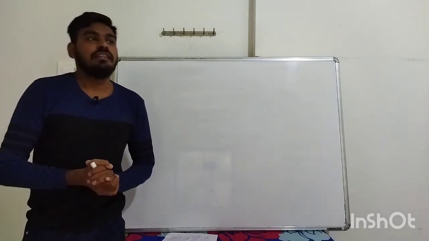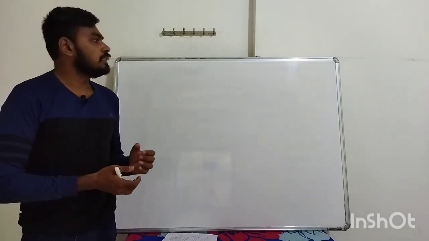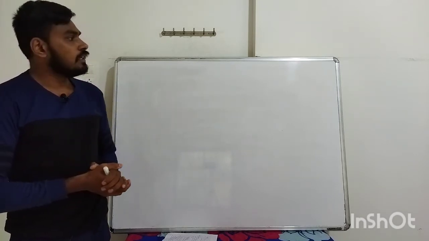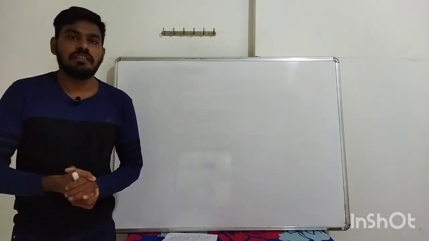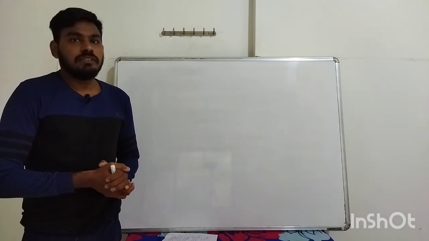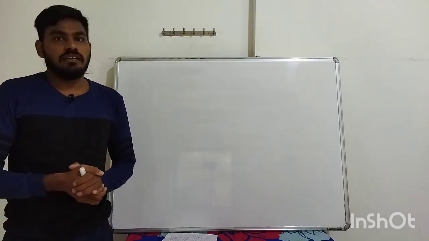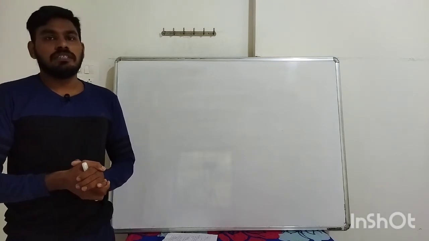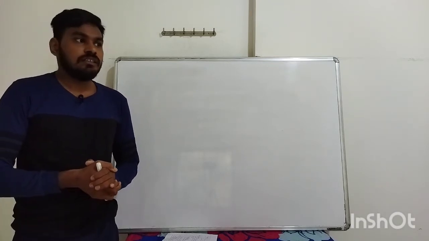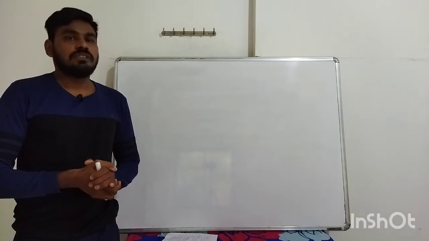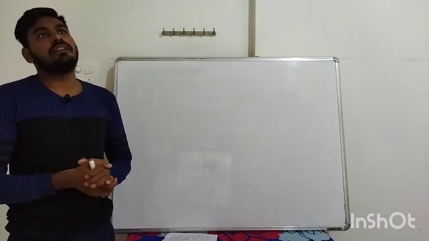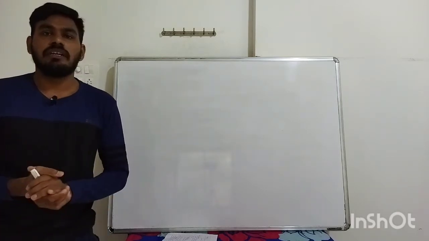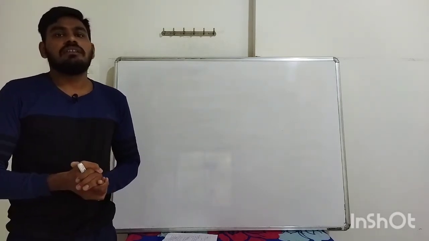As you all know, I have started with the lesson on sets. In that we have learned the basic definition of a set, what a set is, and then from different collections we have identified which is a set. Then we learned different forms of a set, that is set builder form and roster form, and how to convert a set from set builder form to roster form and vice versa.